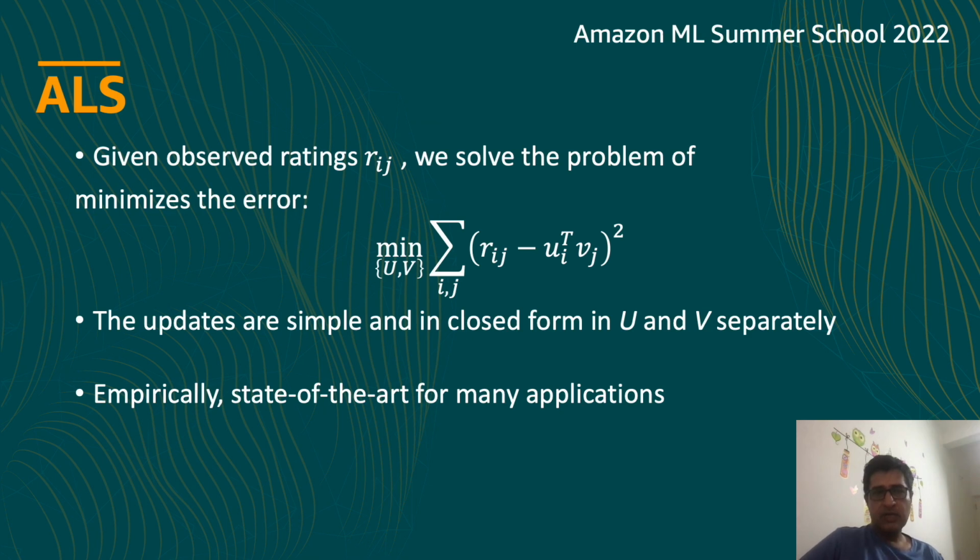So in trying to do this, like I said earlier, in one step you do the updates to U, and then given a particular U, you try and estimate what V would look like, and then U, then V, and so on and so forth, giving you the alternating least squares update structure.